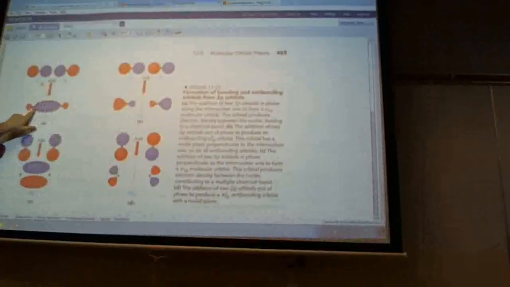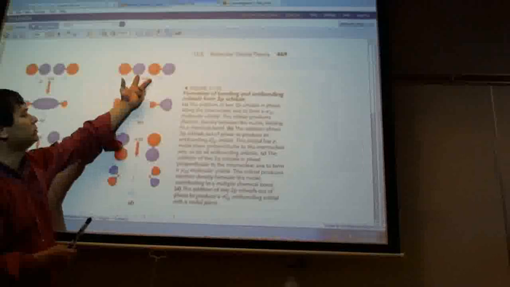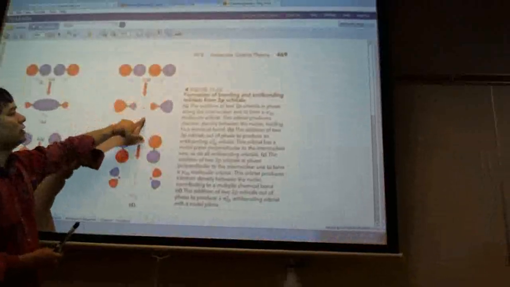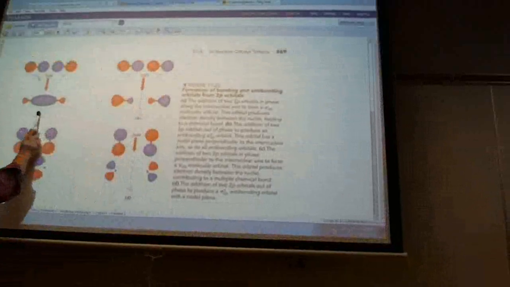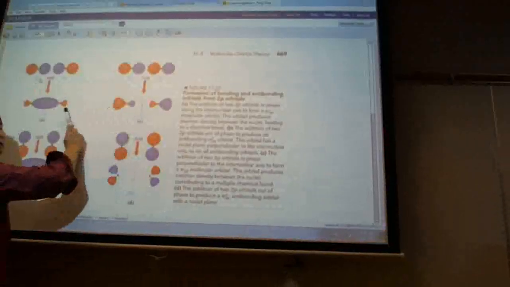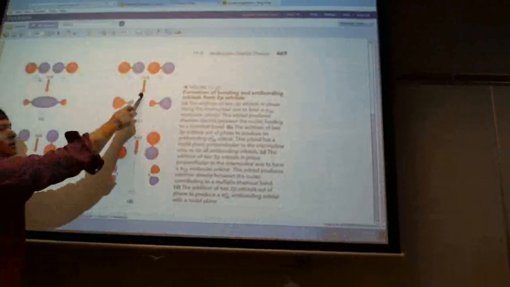This is constructive. This is called the sigma 2p. But we got to do it out of phase too. There are 2 ways to add these orbitals. When we do it out of phase, it's destructive. We call this one the sigma star 2p. The in, the out. The sigma star is going to be antibonding. It has a node here.